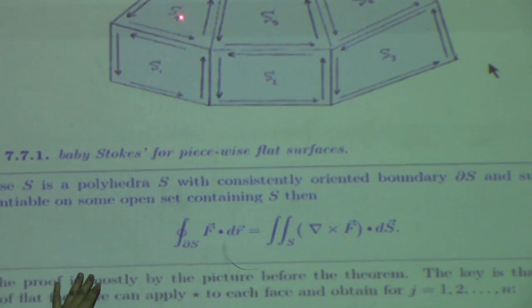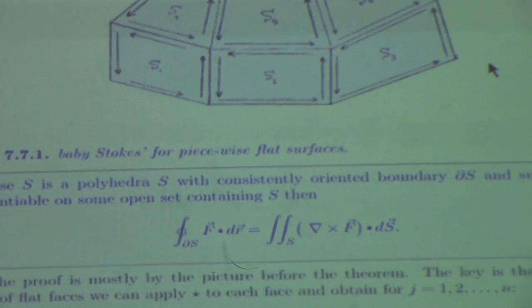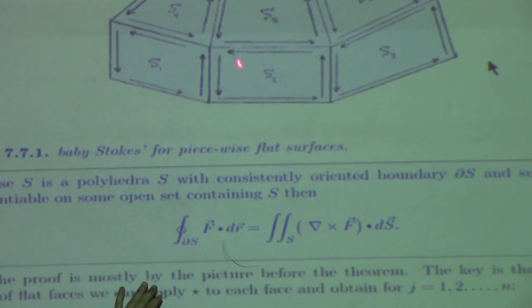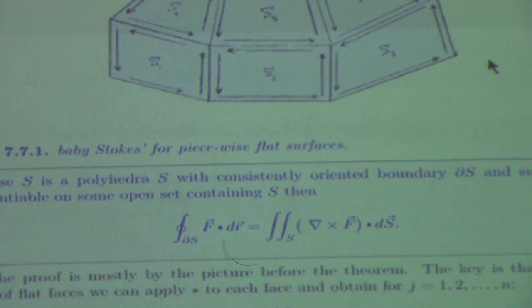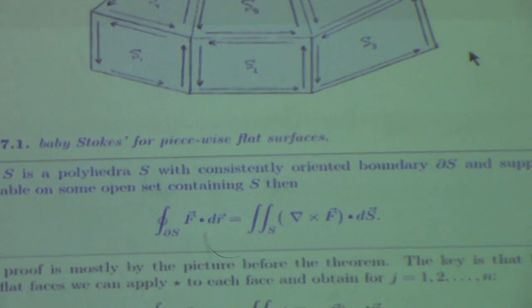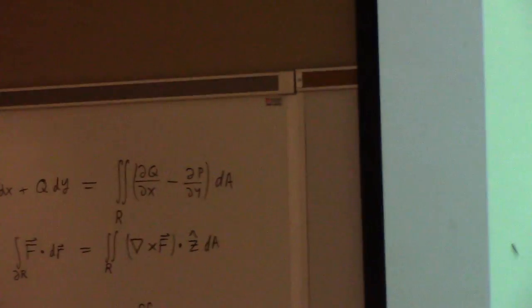As I add in S4, these two line integrals cancel. As I add in 5, these cross-cuts cancel between 2 and 5, and so forth. If you think about this, the only edges which don't cancel are the ones which are truly boundary to S. Any interior edge between the faces of the polyhedra cancels out because of the oriented nature of the line integral.